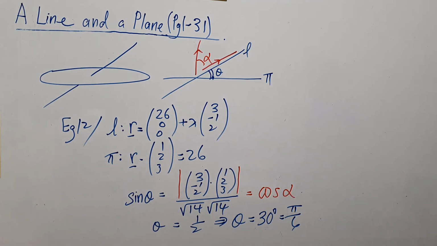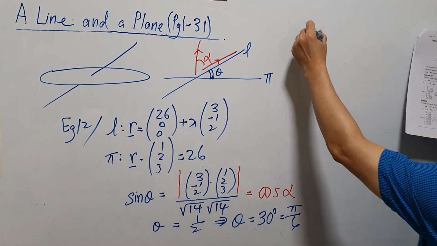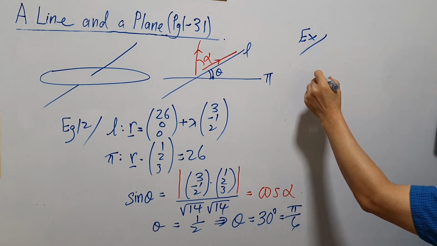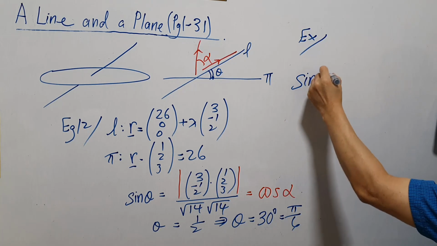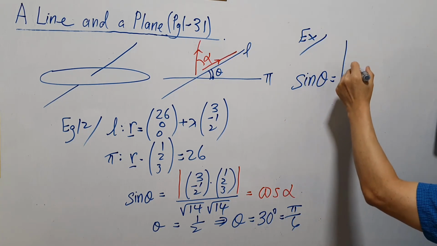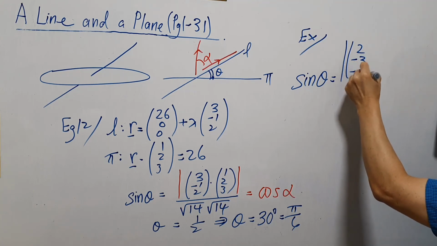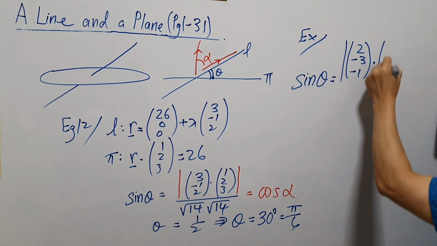Okay, so I am advocating to you that we tweak things a bit. We actually use sine, something that you want to take note of. And then on the same page, there's an exercise beneath. Same thing, to find the angle between the given line and the plane, again use sine theta. The direction vector of the line, which is (2, -3, -1), dot with the normal of the plane.